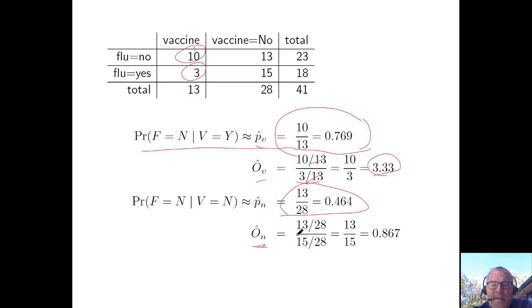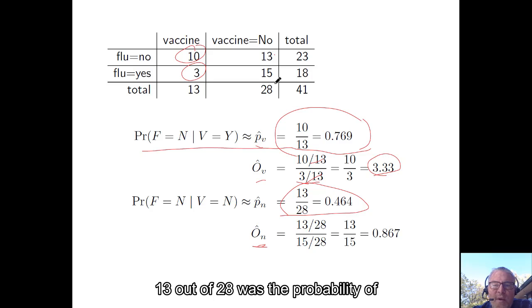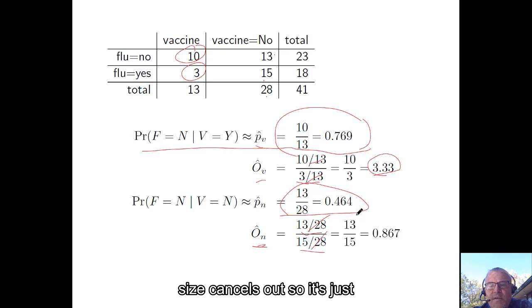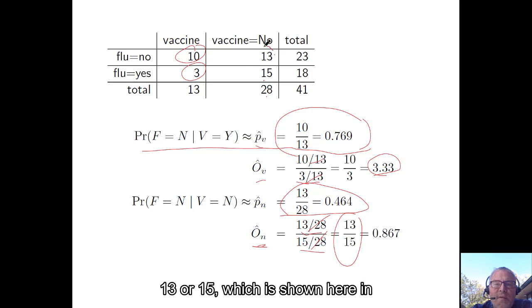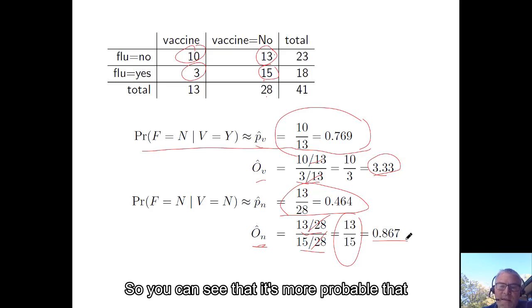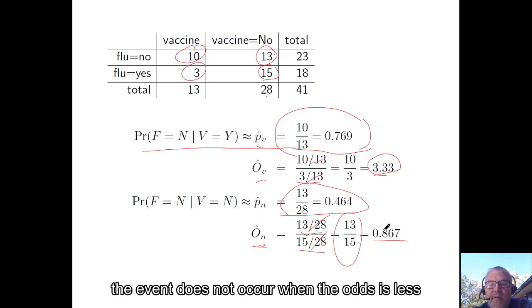Okay, so for the non-vaccinated group, the same thing plays out. 13 out of 28 was the probability of success. That's our numerator, but 15 out of 28 is the failures over the total sample size. And once again, the sample size cancels out, so it's just 13 over 15, which is shown here in the table. So there, the odds is less than 1, 0.867, so you can see that it's more probable that the event does not occur.